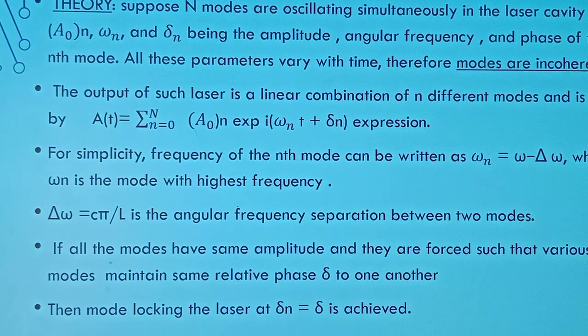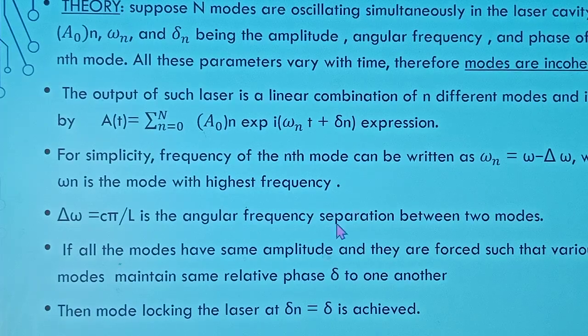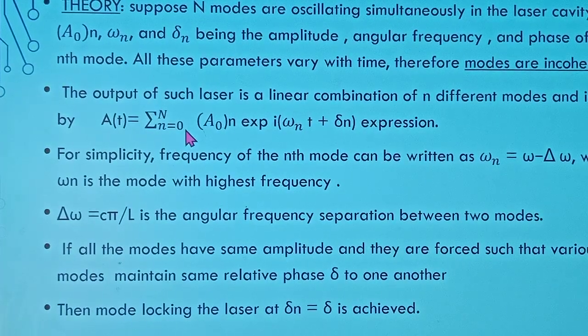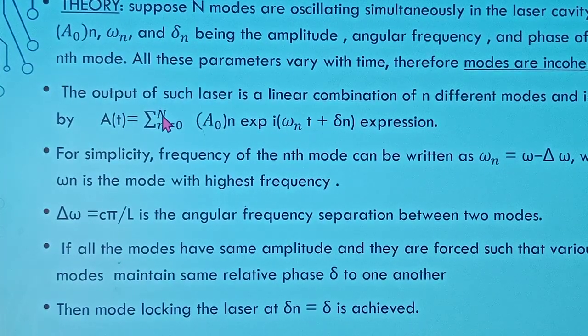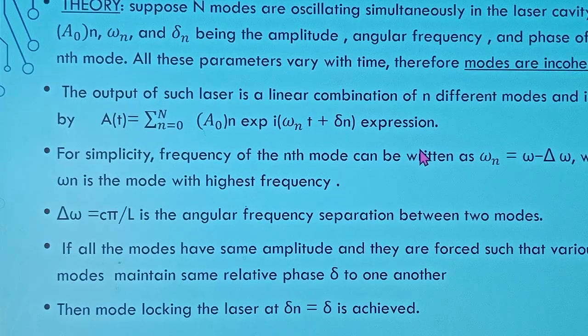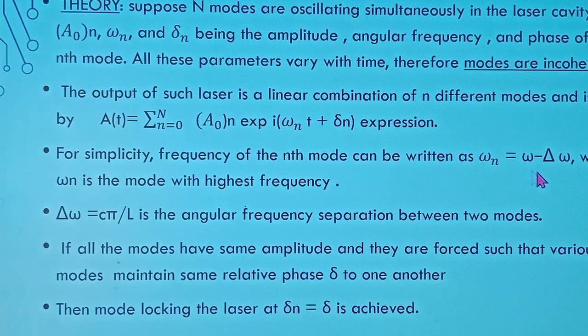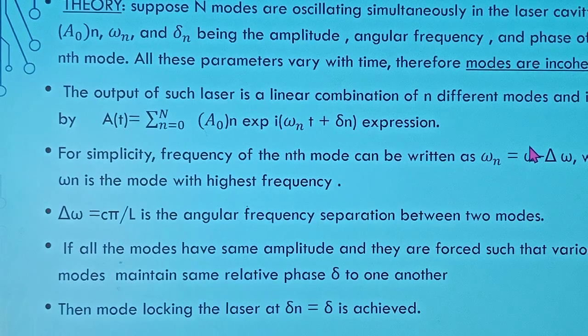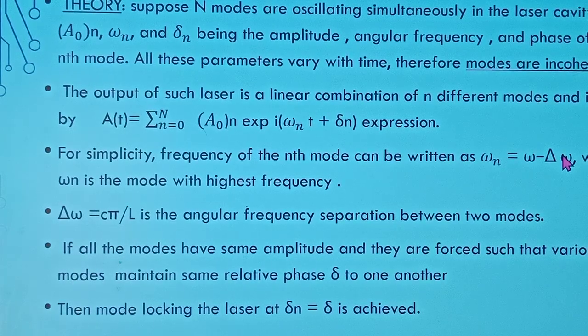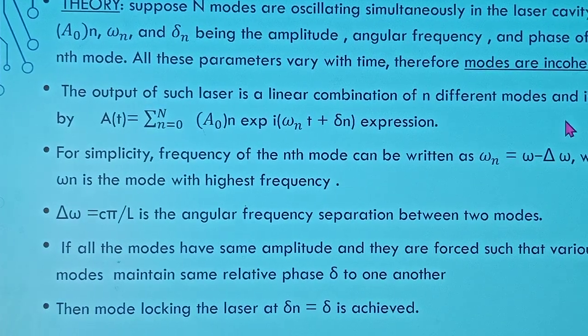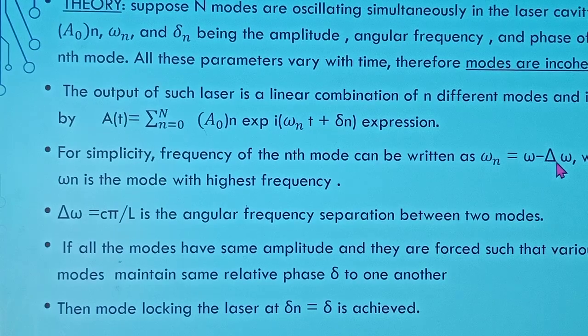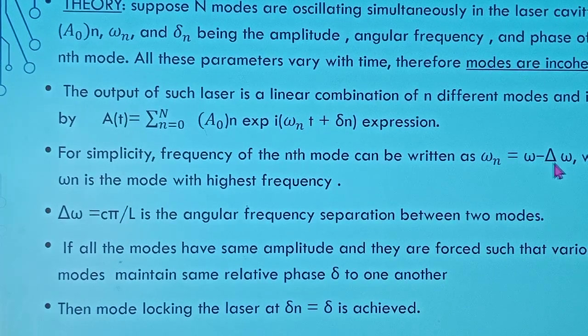Therefore, it's a linear combination. Therefore, I have shown sigma from n is equal to 0 to n. This is the number of modes over there. And so when we consider the frequency of a particular pulse over there, all the other pulses will be having different frequencies. Let the difference be delta omega.